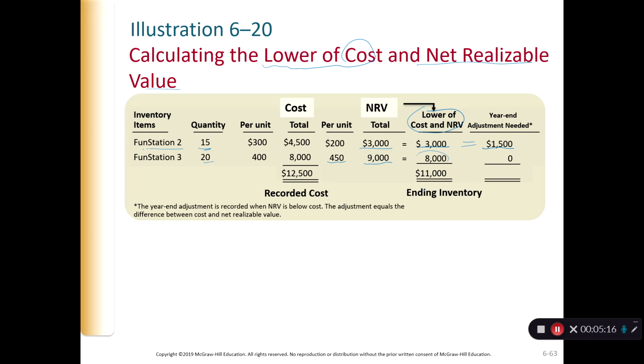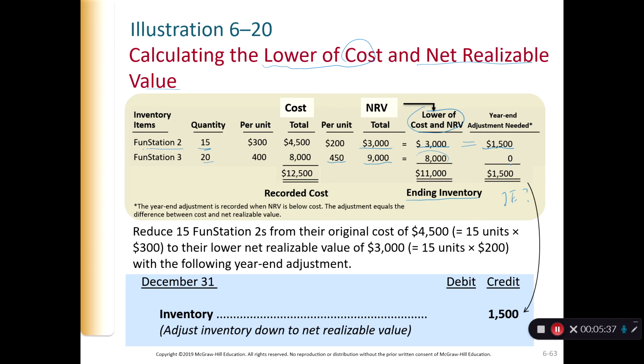And then at the end, after you bring down the Fun Station 2 to 3,000 as ending inventory and keep the Fun Station 3 at 8,000, we have an ending inventory of 11,000, and we need to adjust $1,500 for the Fun Station 2. How do we journal it?